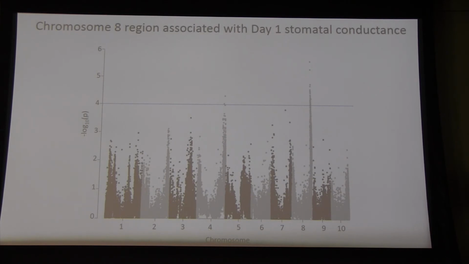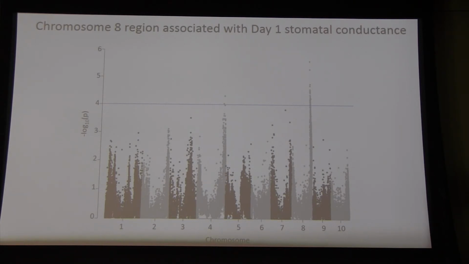And so I looked on both day 1 and day 3 and tried to correlate stomatal conductance with genetic markers. And so this is a Manhattan plot, and each dot represents a SNP marker. And so the higher the dots are above the line, the more associated they are with stomatal conductance.